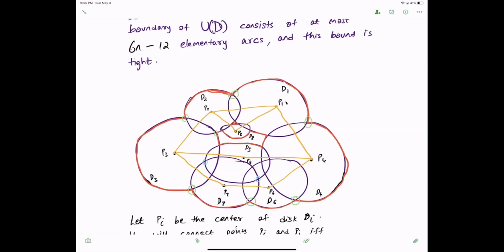So the claim is that the resulting graph is actually a planar graph, which means no two segments or edges should intersect. So it's not totally obvious why. Maybe in this example it's true, but in general, why should this be true? So let's actually go and prove this.